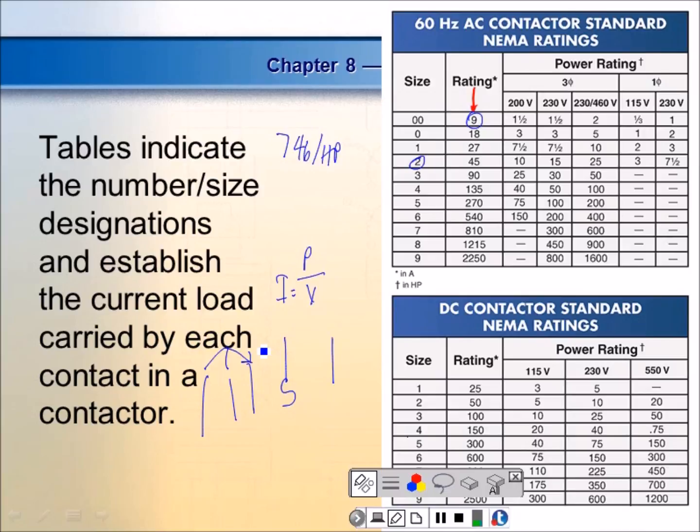On single phase, it's being shared by what? 2. Are we okay? So this is another reason why 3-phase is more efficient than single-phase. A 3-phase motor is more efficient for the same horsepower rating than a single-phase motor.